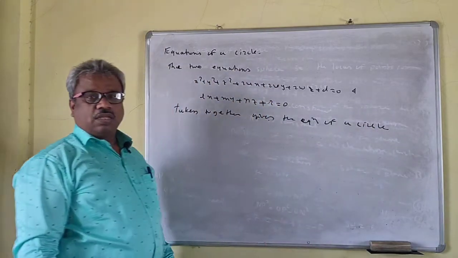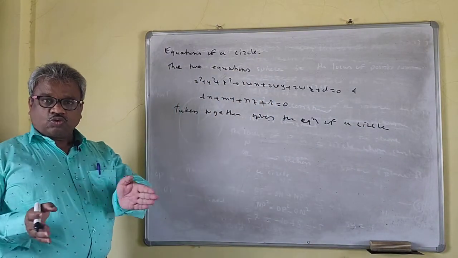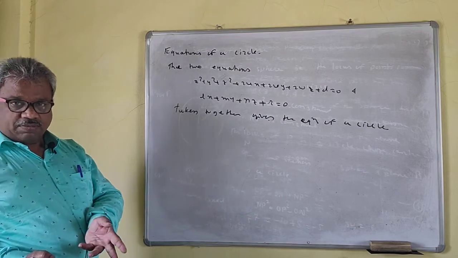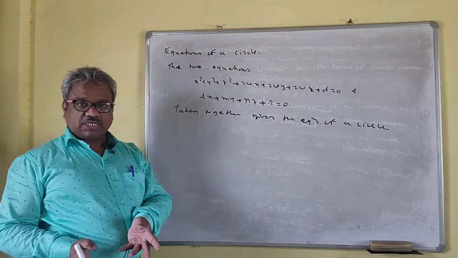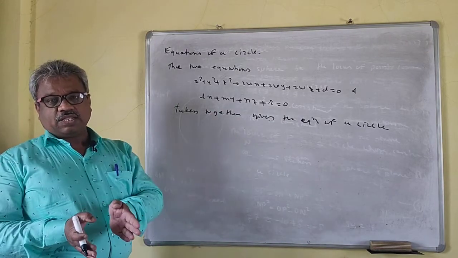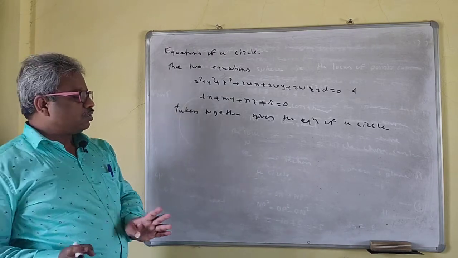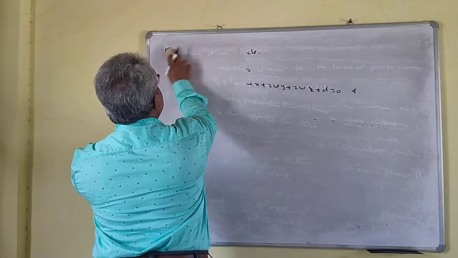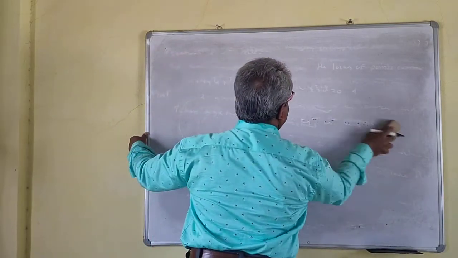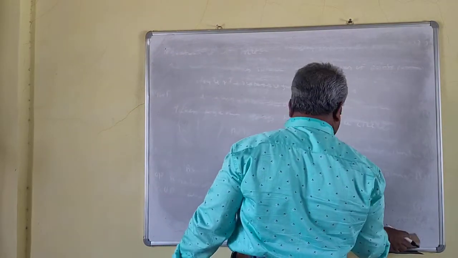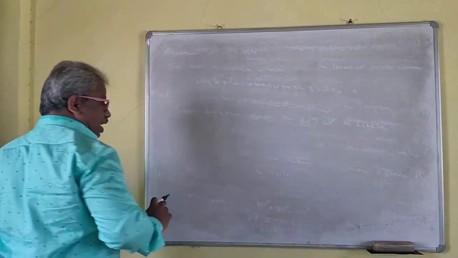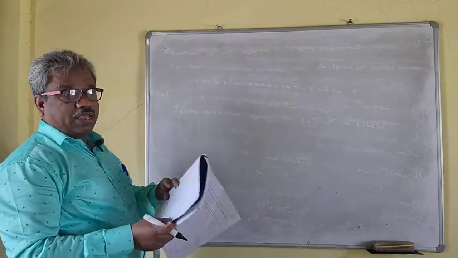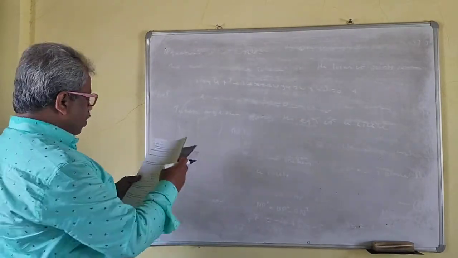Just as two planes taken together give a line in 3 dimensions, in 3 dimensions the sphere and plane taken together give the equation of the circle. We are interested in finding the center and radius of such a circle. If you are given the equation of the circle, okay, we'll take a problem on it.